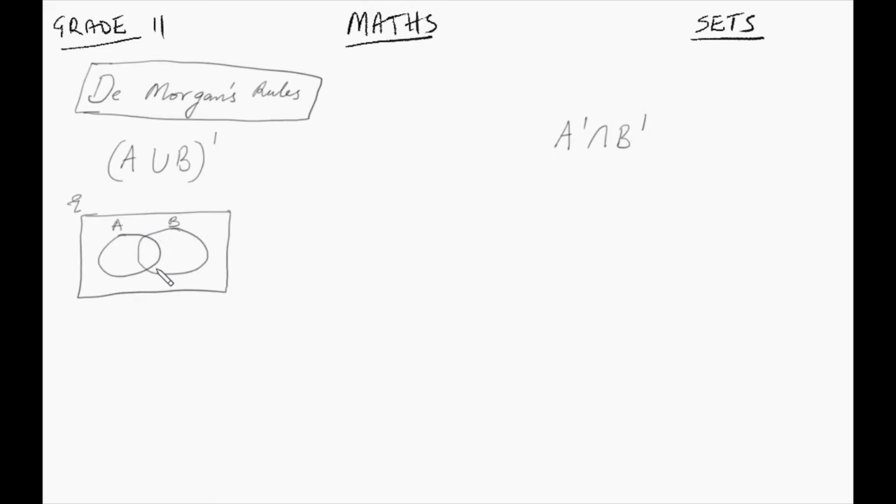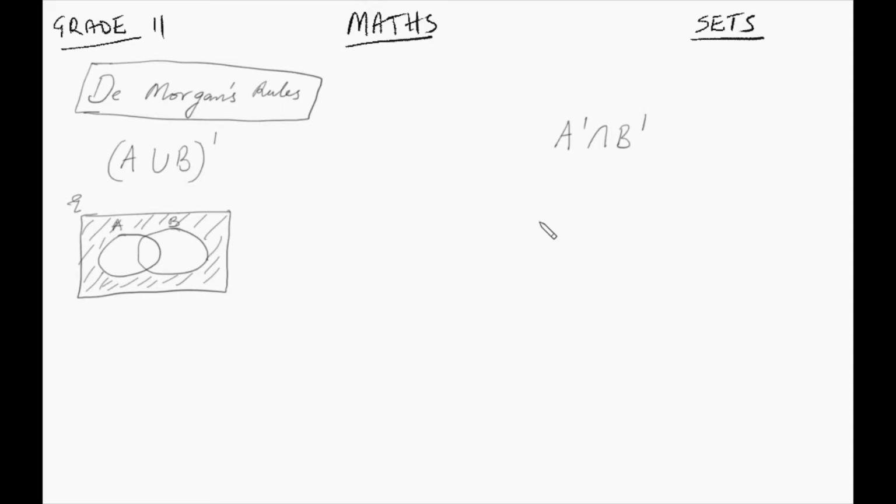You would actually think of A union B, and we know that A union B is here. Now A union B all complement would be outside here. It would be this region. Okay, yes, we are correct.